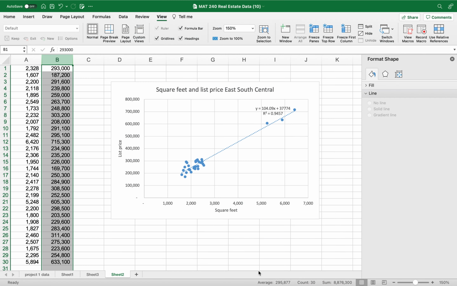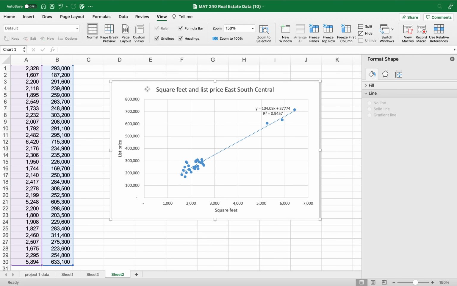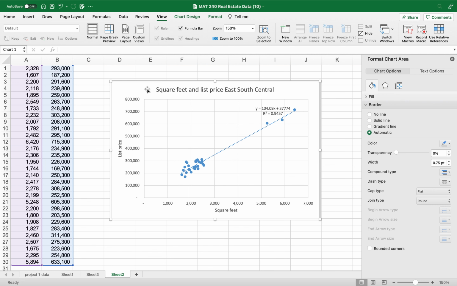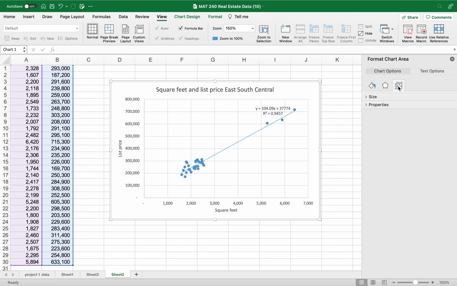If you did not complete the R squared with the graph and save your Excel file, you'll click there, and you have your add chart elements and chart options.